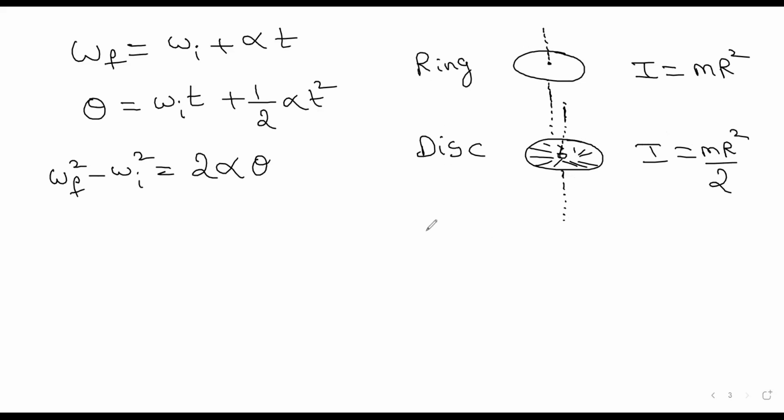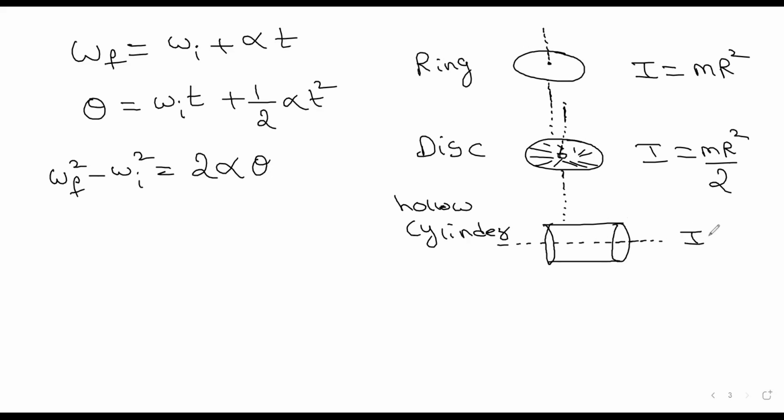And the next, a hollow cylinder is the same as a ring. In a hollow cylinder, you are calculating the moment of inertia about the center, the axis passing like this, so I equals the same mr square. Same thing for a solid cylinder: mr square by 2, like a disk.